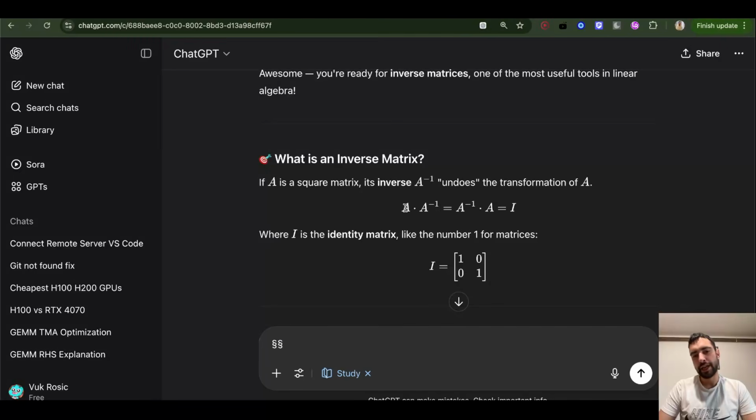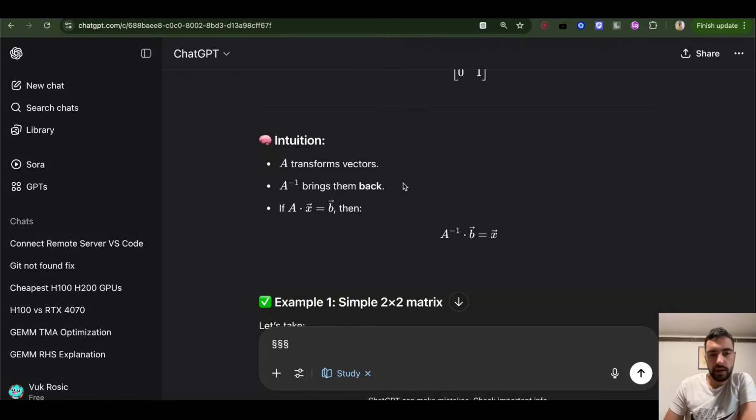Then matrix times its inverse is the identity matrix, which is just ones on the diagonal. This will not transform the shape at all. The identity matrix doesn't transform a matrix or vector. So if matrix times vector x gives vector b, then inverse matrix times vector b gives vector x.